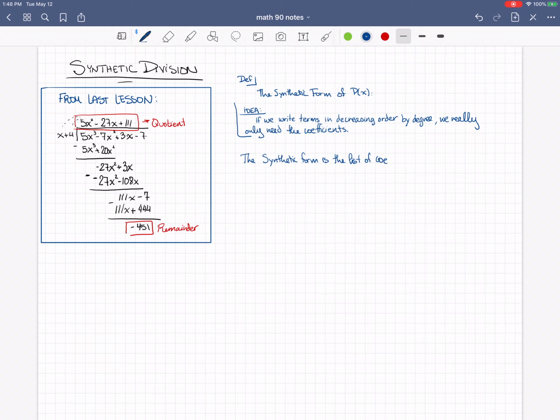So what I mean by this is that if we skip a term, we don't skip it in the synthetic form. We put a placeholder 0, just like we did in those examples in the last lesson.